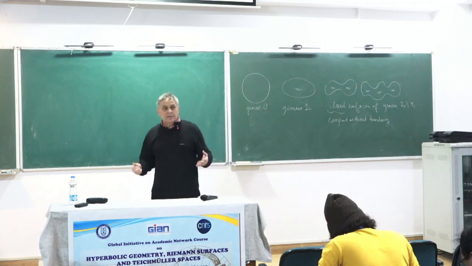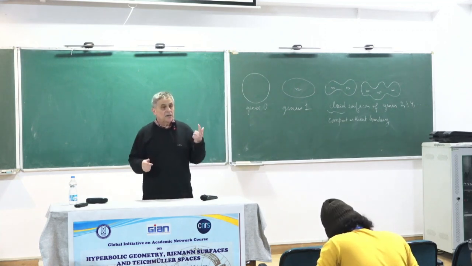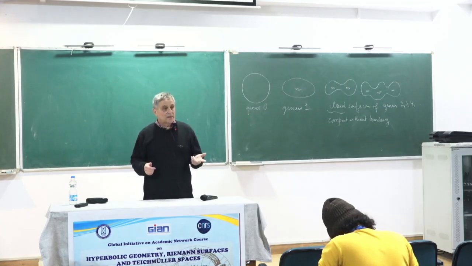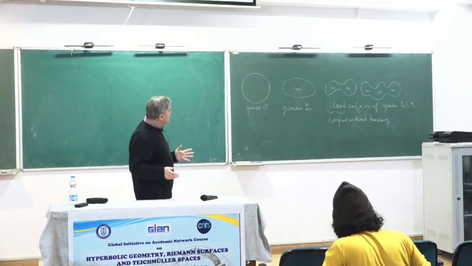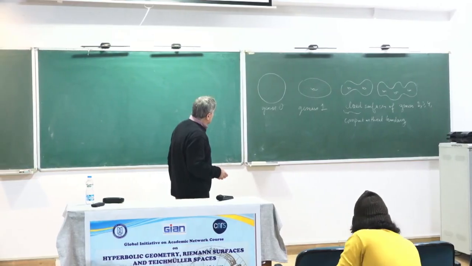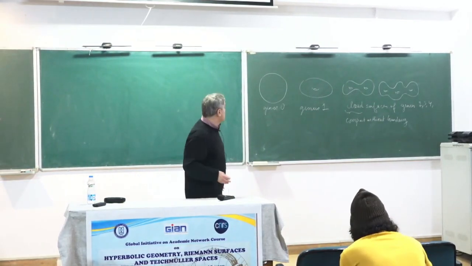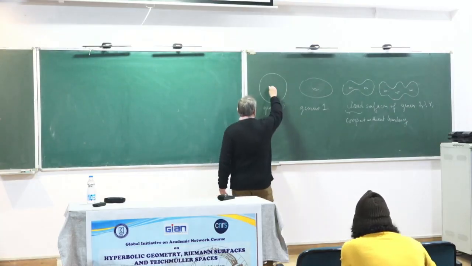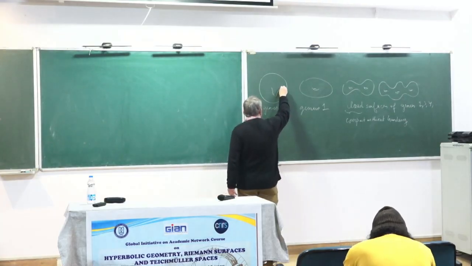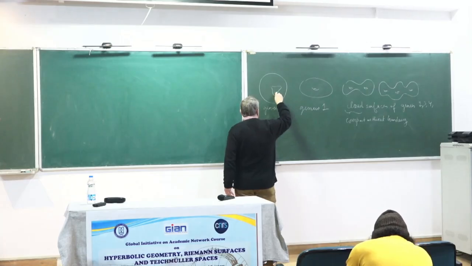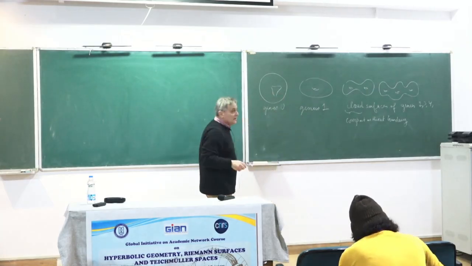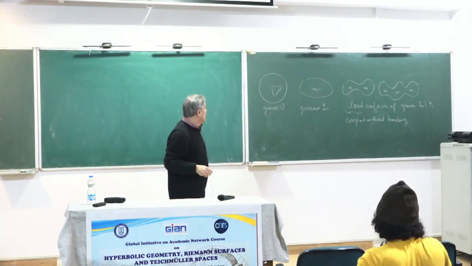Then I said that we have three different geometries: spherical, Euclidean, and hyperbolic. Spherical is clear what it means, in fact. A surface is a spherical surface, like here, this is a subset of the sphere, the map of India.